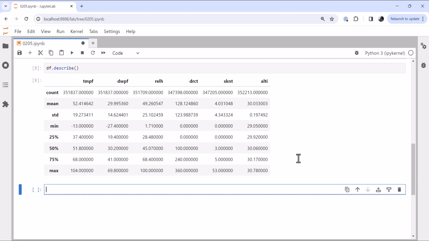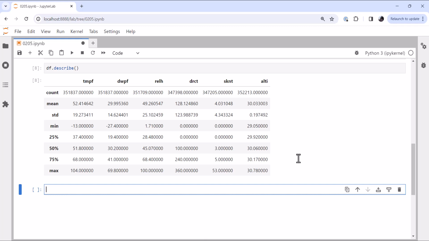And now let's describe. Now I see something a little more useful. I see my mean, standard deviation, min, quartiles, and max. So I have the same number of data points for each, you would think, but we don't. Why is that? It's because we have missing data. So we're going to have to figure out how we want to deal with that.